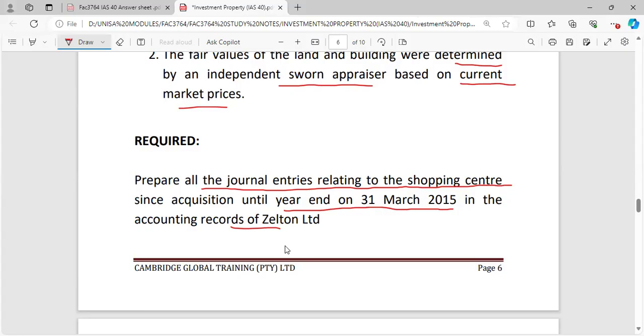Right, so I want us to do this together because sometimes in your questions you may find that they can bring in these journal entries. So we need to be able to do them.